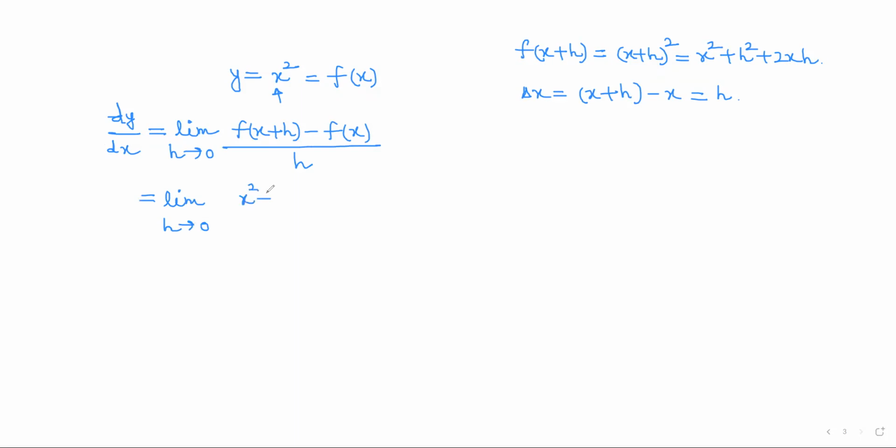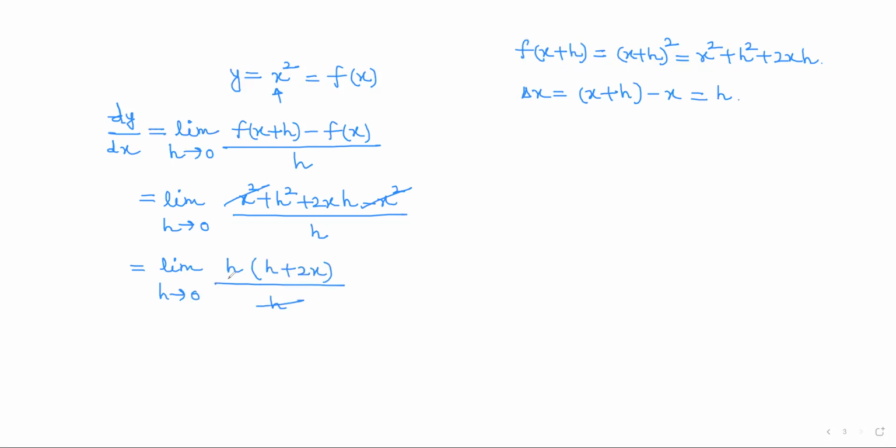It's x square plus h square plus 2xh minus x square upon h. This cancels. Now this is limit h tends to 0, h plus 2x upon h. This cancels. Right? So this is dy by dx.